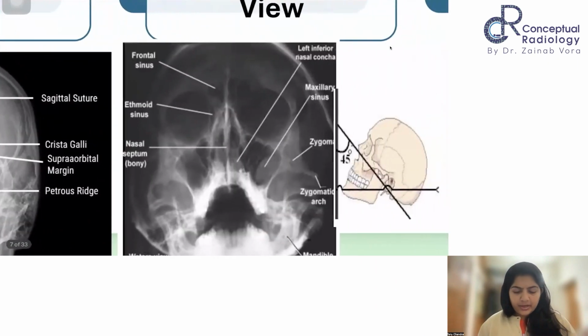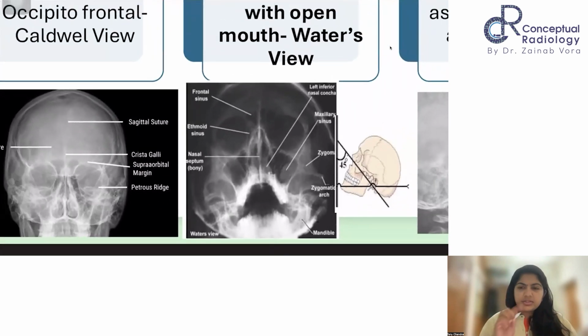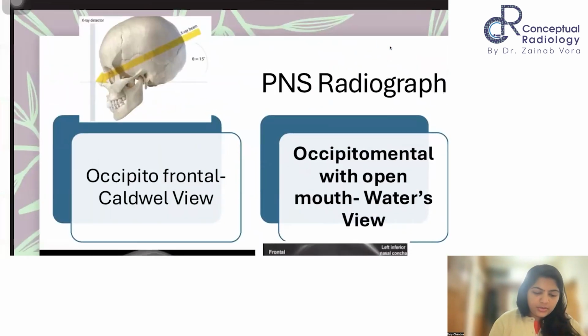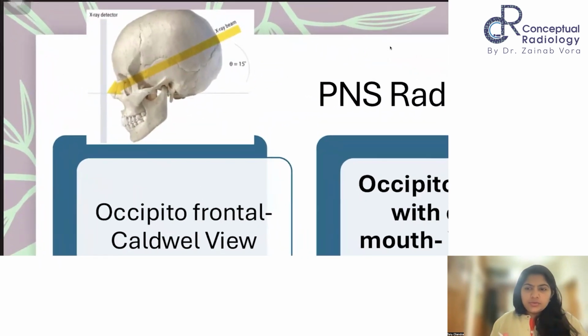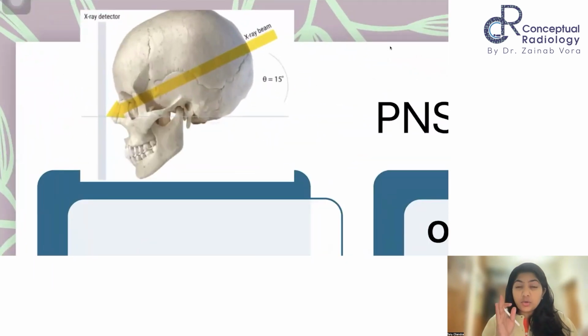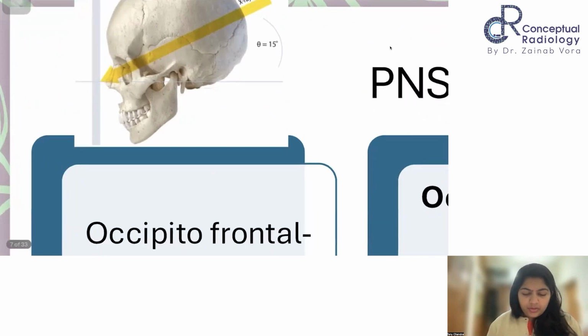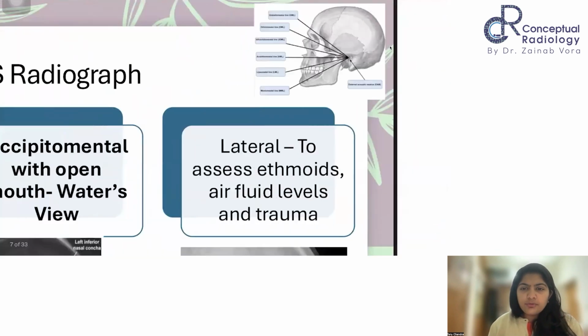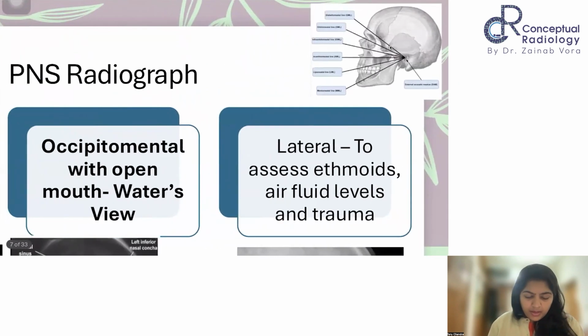Anyways, okay. So first of all, just remember, occipitofrontal. I'll just quickly tell you so that we can move on to the major things which are going to come in exam and come in questions. PNS radiographs, 3 views. Only 3 views you have to remember. Caldwell view, Waters view, and you're going to remember the lateral view.